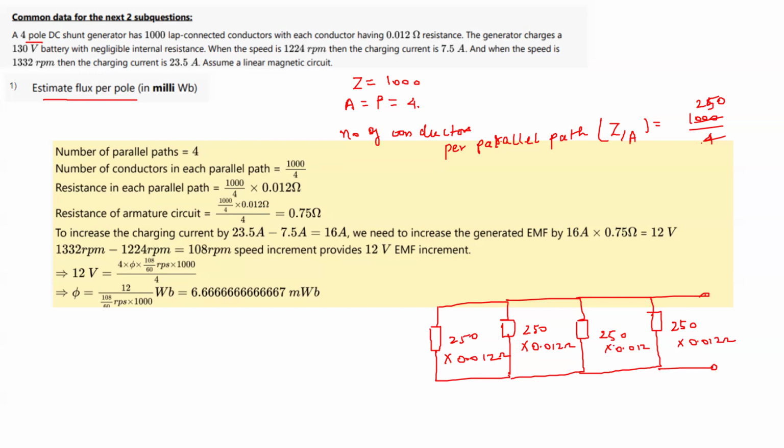Because these are parallel connected, let us suppose this is R1, R2, R3, R4. Since this is the armature, let us write it as R only, otherwise there will be confusion.